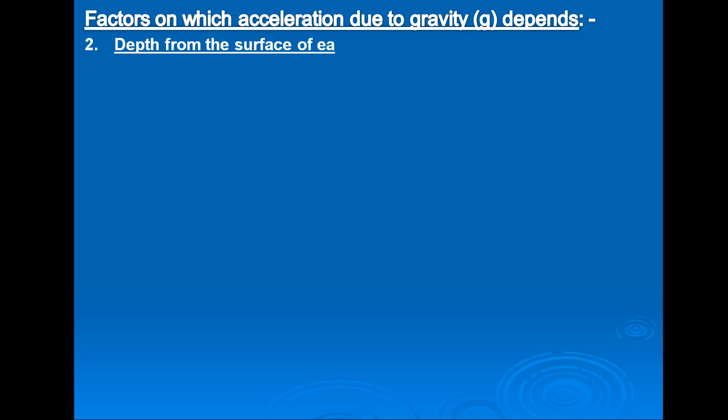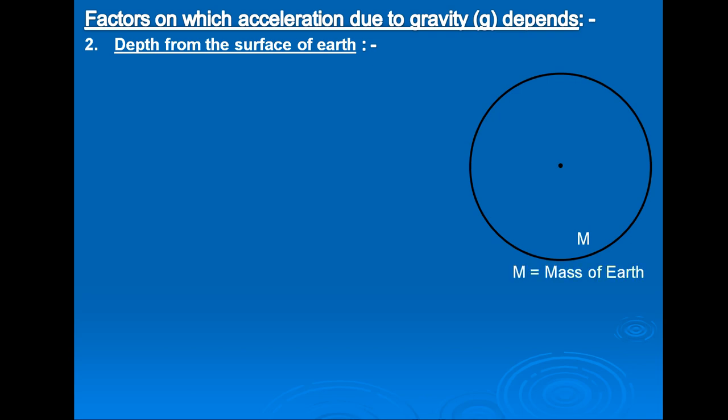Now we will discuss the second factor, depth from the surface of earth. Suppose this is the earth, and capital M is the mass of the earth and capital R is the radius of the earth. Take any point at a depth d below the surface of earth.